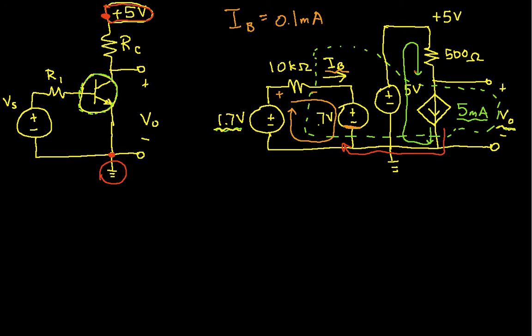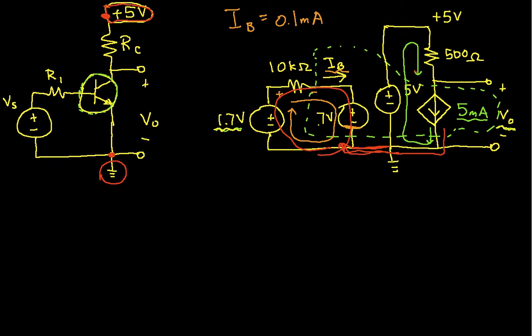The answer is because the left half of the circuit is connected to the right half of the circuit only by this one connection here. And so if current is flowing out of the current source across this connection into this part of the circuit, there's no place for the current to flow back. And we know that current has to flow in a circuit.